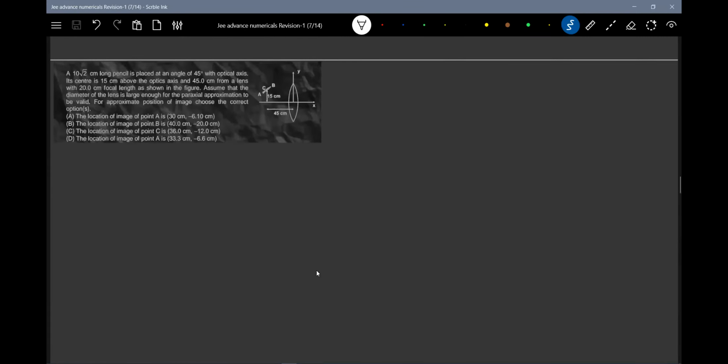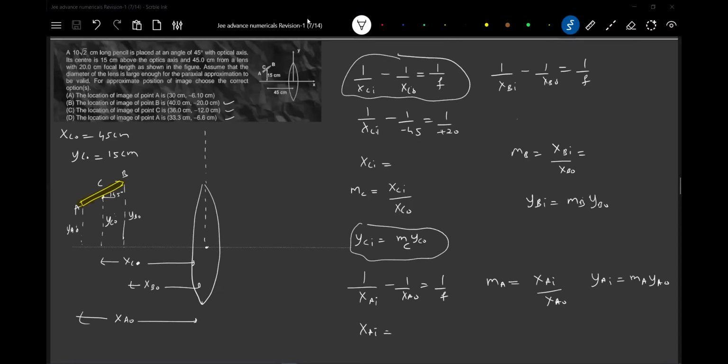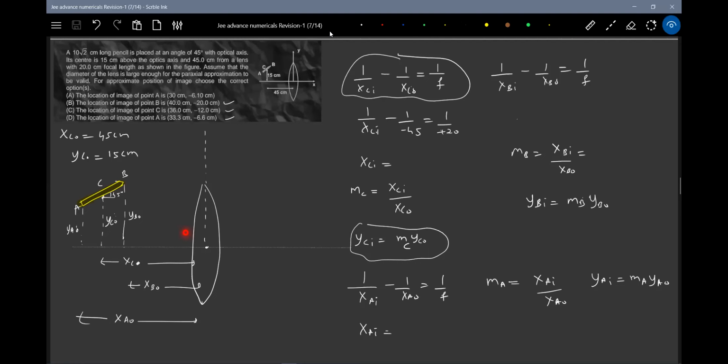Read this question. Okay, let me explain this. There's a pencil. First define the x and y coordinates of the particular points A and B of the pencil.